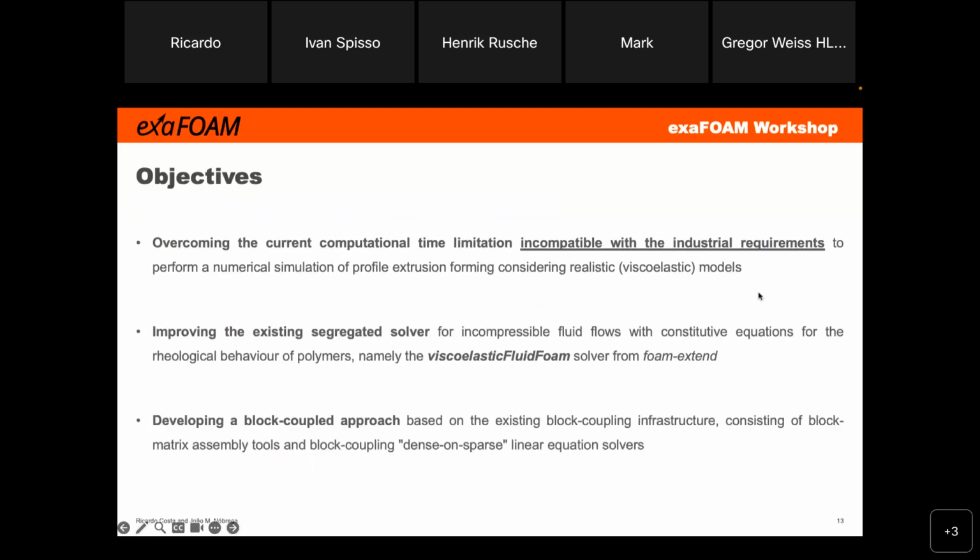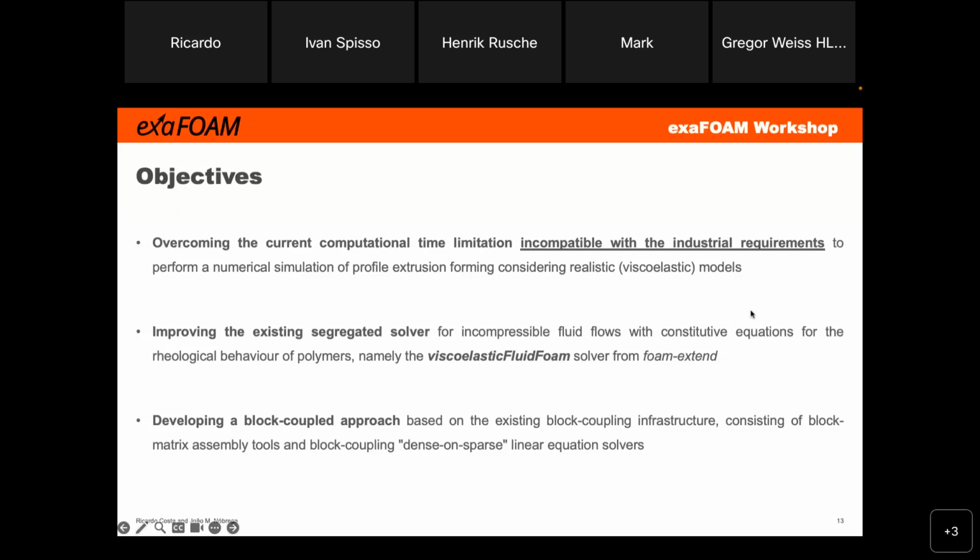So what are our objectives within the project? First of all, the major objective is to make simulations of viscoelastic fluid flow problems for industrial problems compatible with these realistic models. So we don't want to simplify and use generalized Newtonian fluids, because we know they do not properly represent all the physics in there.